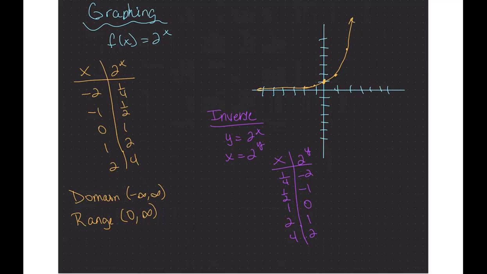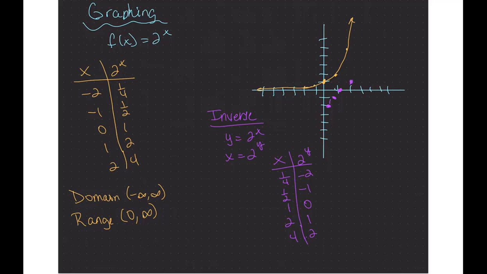So then now I can graph these points. So when x is a quarter, y is -2. When x is a half, we're at -1. When x is 1, y is 0. When x is 2, we're at 1.